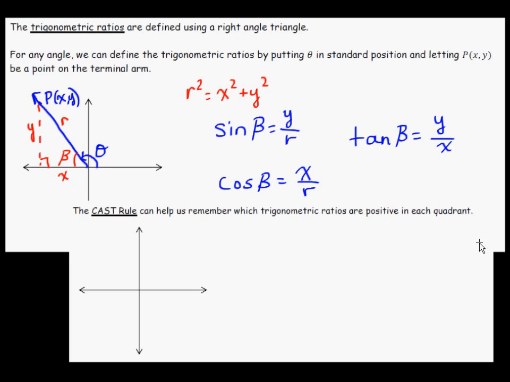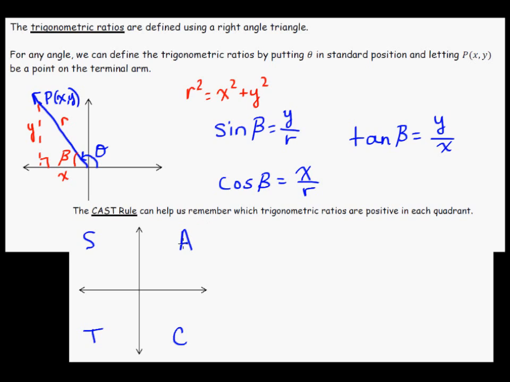Something called the CAST rule can help us remember which trigonometric ratios end up being positive or negative in each quadrant. If you recall, the CAST rule starts in quadrant 4: C-A-S-T. Now, if you'd rather have something to remember this by that starts in quadrant 1, you could make up your own saying that would help you remember ASTC. Sometimes it's easier to remember starting in quadrant 1 rather than quadrant 4.